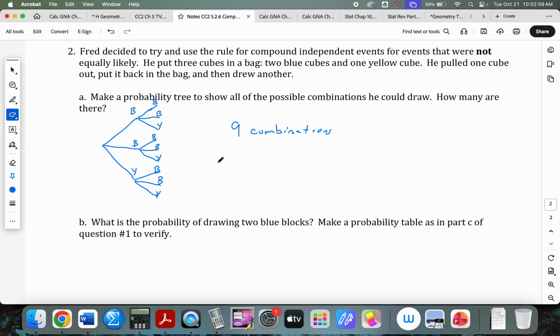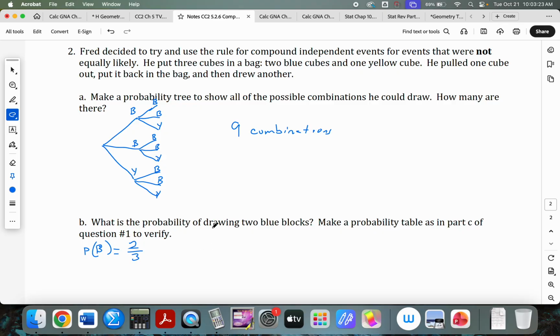All right, so what's the probability of drawing 2 blue blocks? Well, what's the probability that he draws a blue block? 1/3. How many blue blocks are there? 2, so there's 2 sixes. Oh, sorry, 2/3.